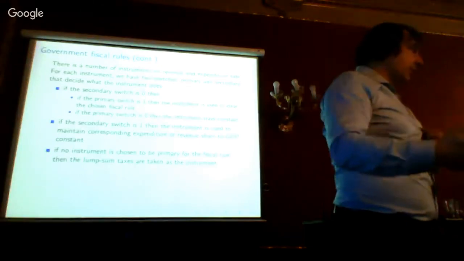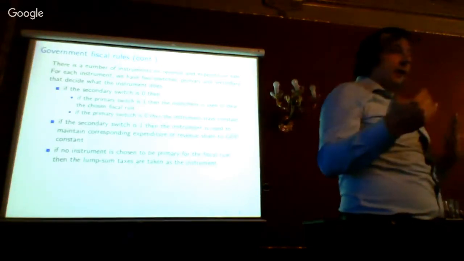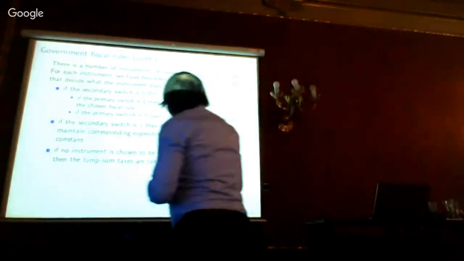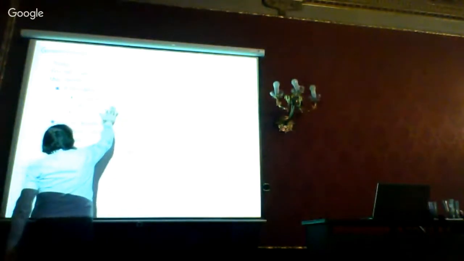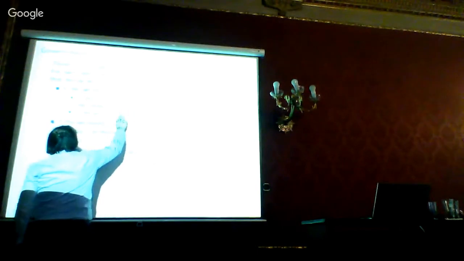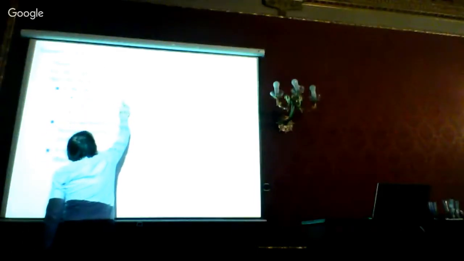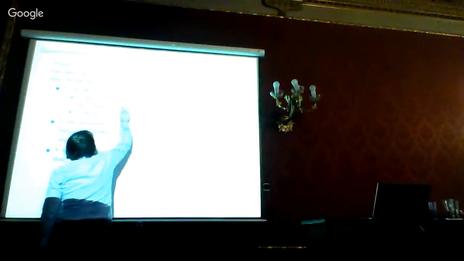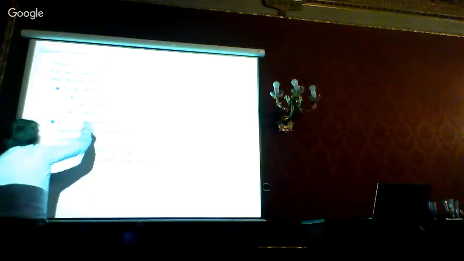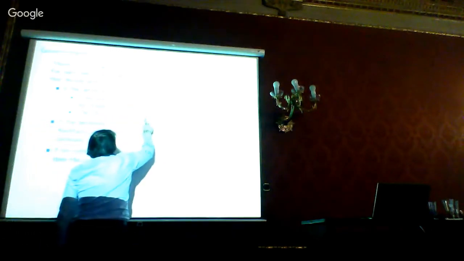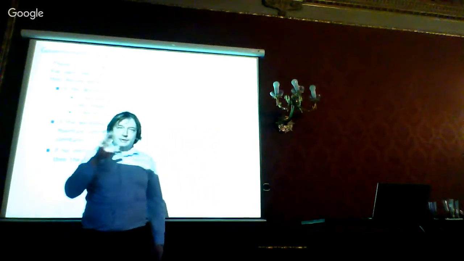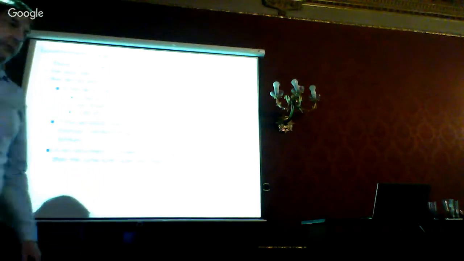But the labor tax, if it is chosen as an instrument, will be clearing the fiscal rule. It is done if you make the secondary switch 0 and the primary switch 1. And if the secondary switch is 0 and the primary switch is 0, then the instrument stays constant. Okay, so it is not changed.